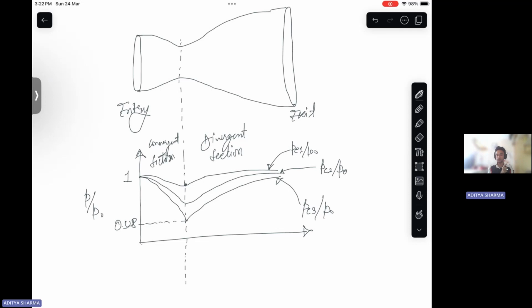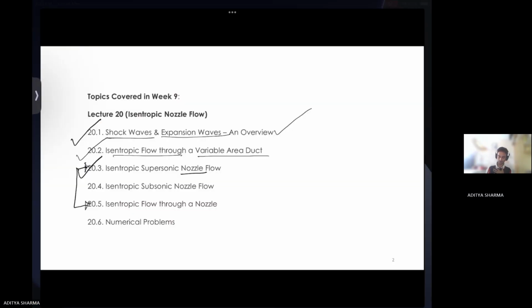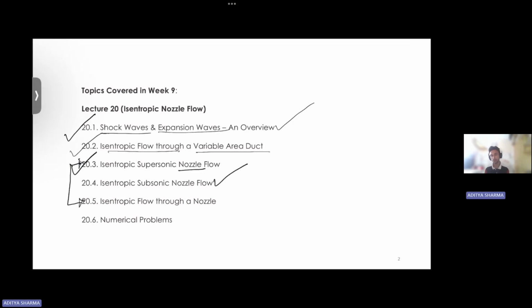So we call that nozzle a subsonic flow nozzle, because there is no sonic element in it. So that is isentropic subsonic nozzle flow. Then 20.5, I have already told, has similarities with 20.3. And after that, there are numericals related to this lecture, right?